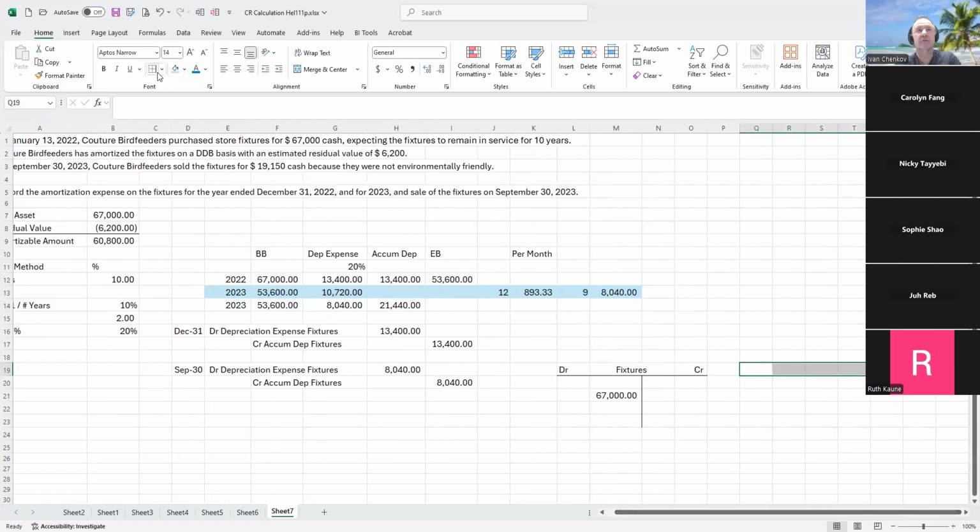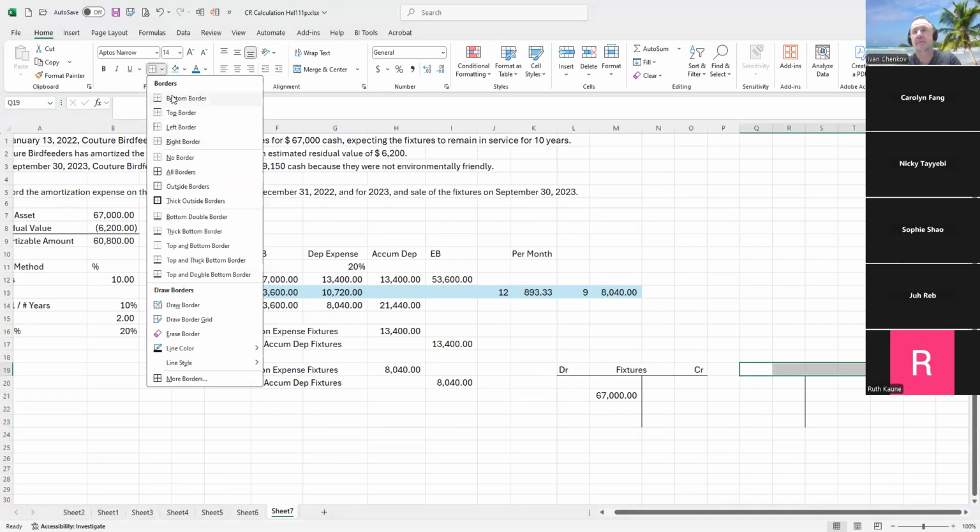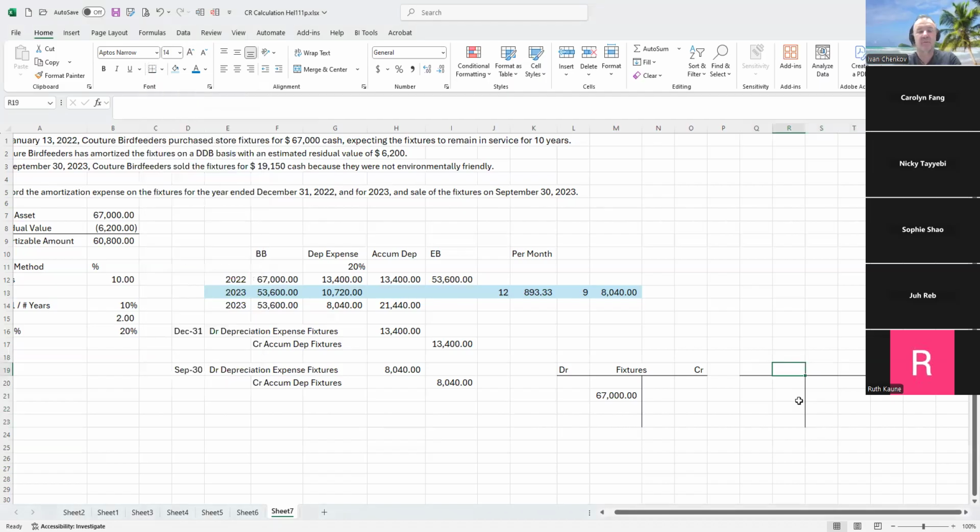Those two always go side by side, as long as we have fixtures which we're depreciating and depreciation expense. So that will be accumulated depreciation, fixtures.